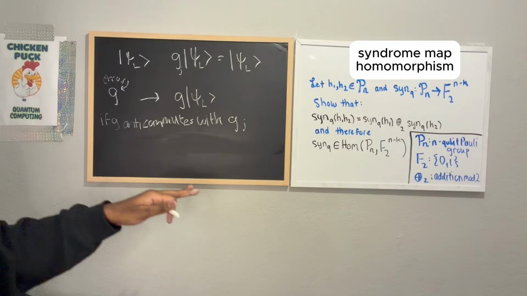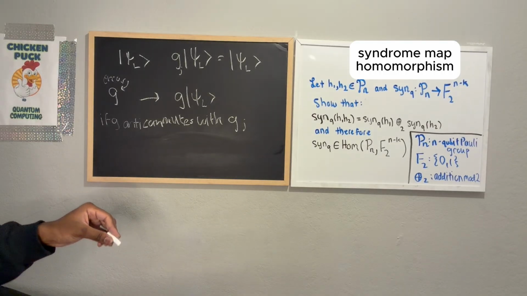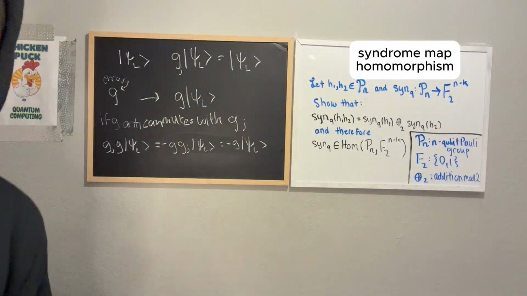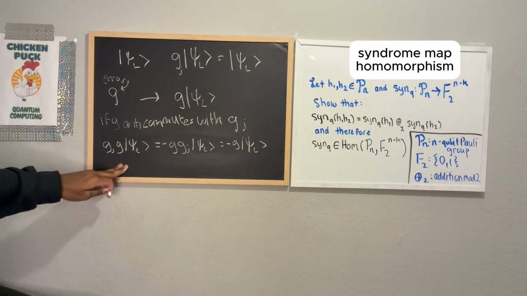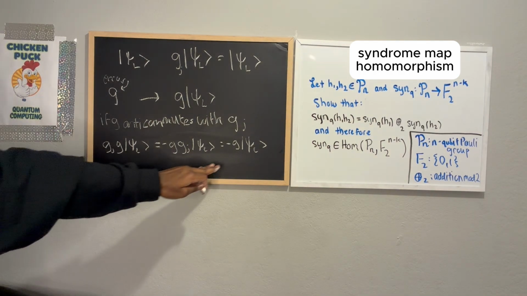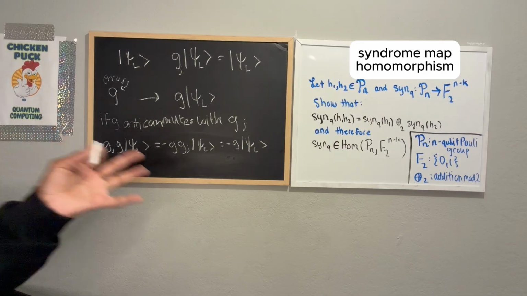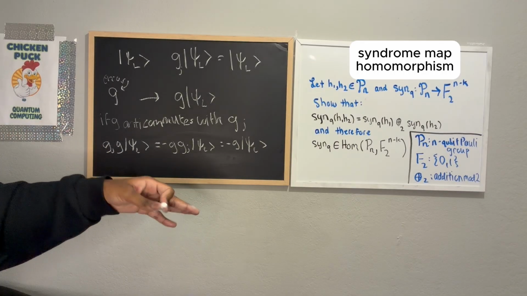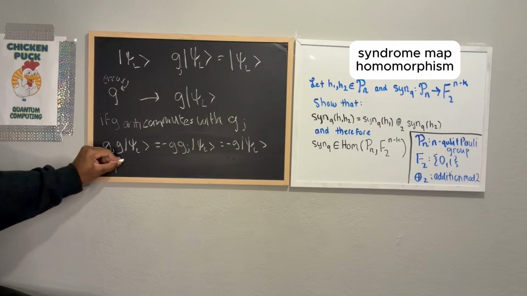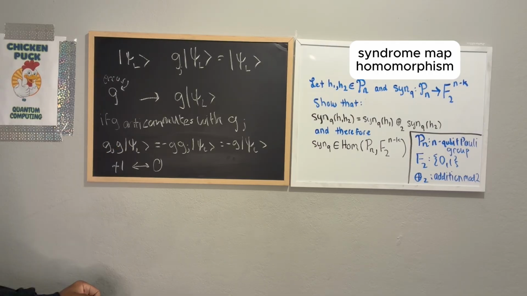If G were to anti-commute, you get this, and as you can see, the eigenvalue becomes -1. So that's why the syndrome bit is encoding something physically meaningful. The +1 implies 0, and the -1 implies 1.